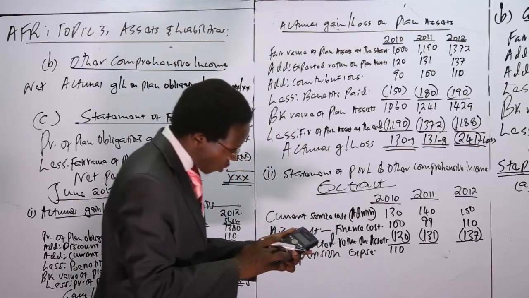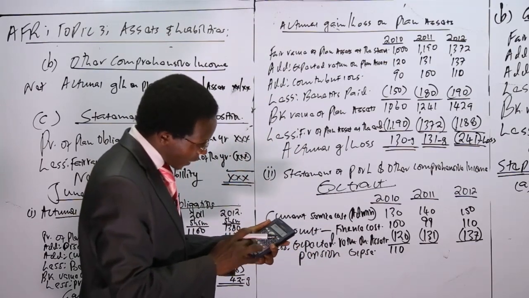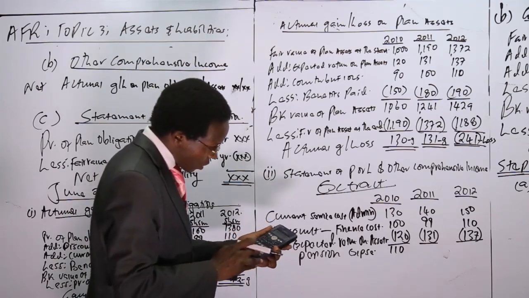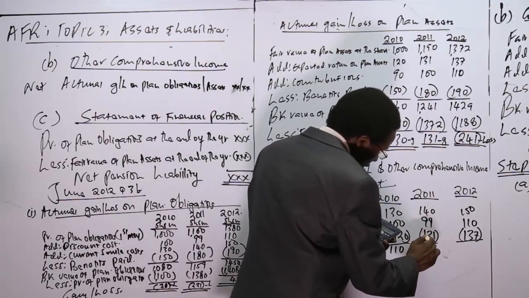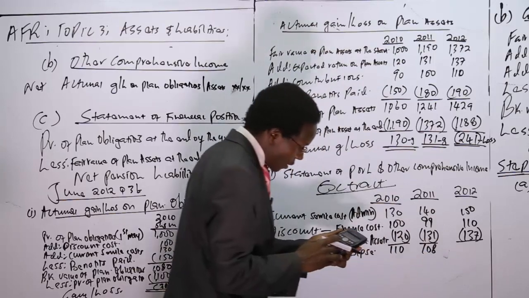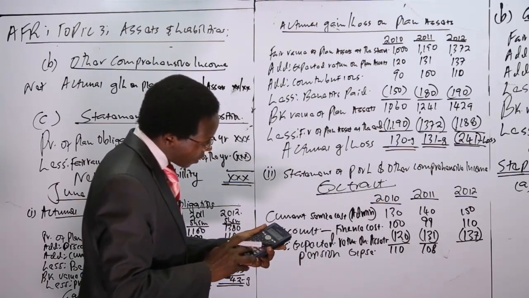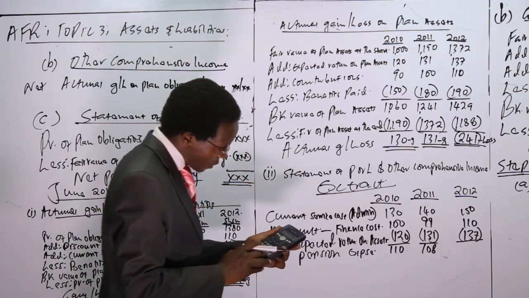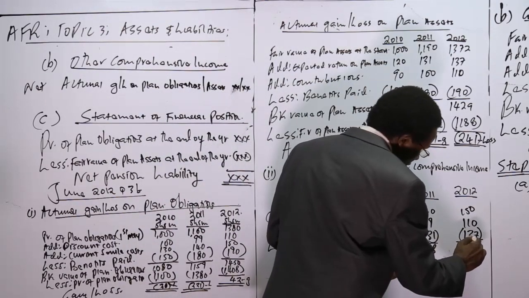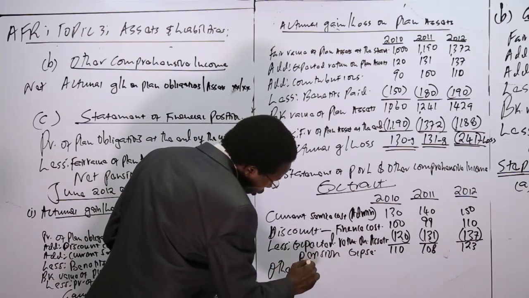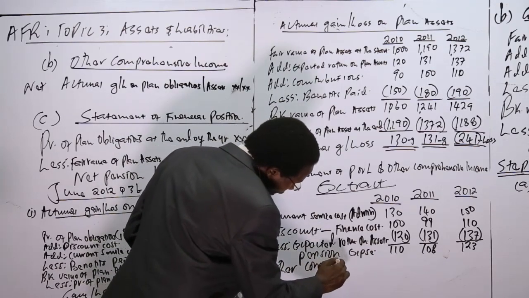Then we have 140 plus 99 minus 131, so our pension expense is 108. Then we have 150 plus 110 minus 137. That is 123.